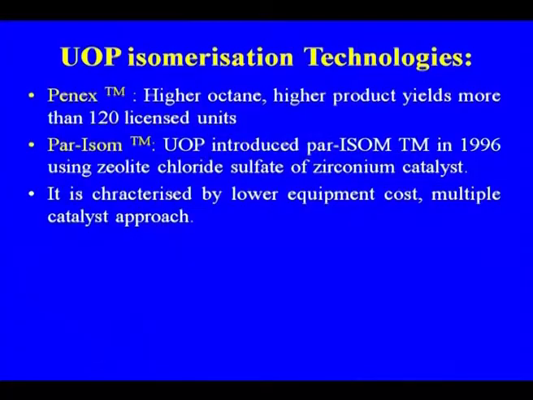The Par-Isom process: UOP introduced this process in 1996 using a sulfated zirconia catalyst. It is characterized by lower equipment cost and a multiple catalyst approach.